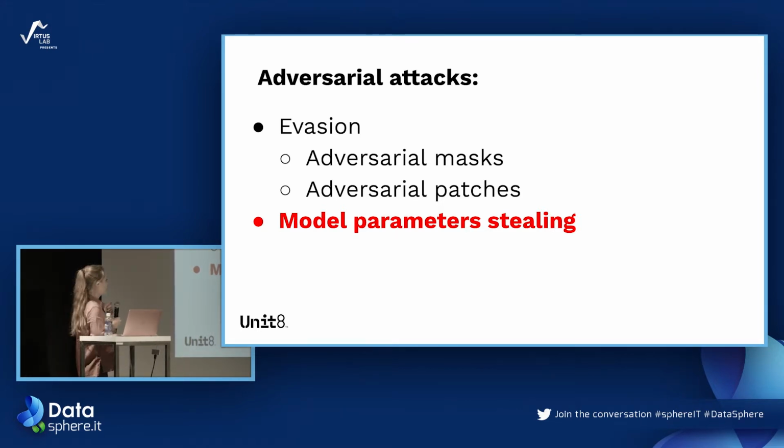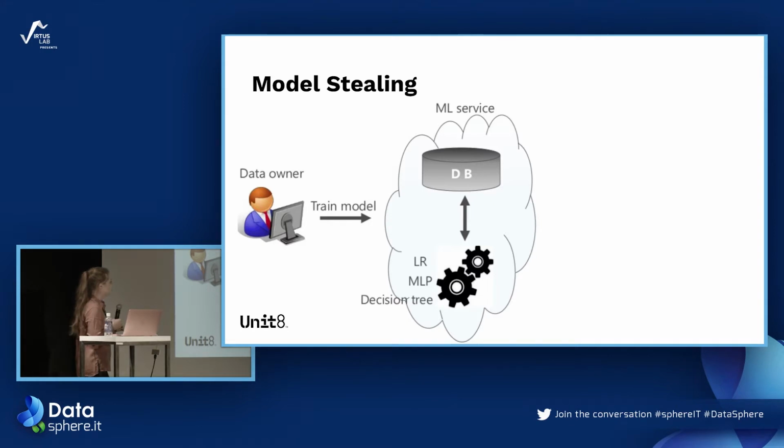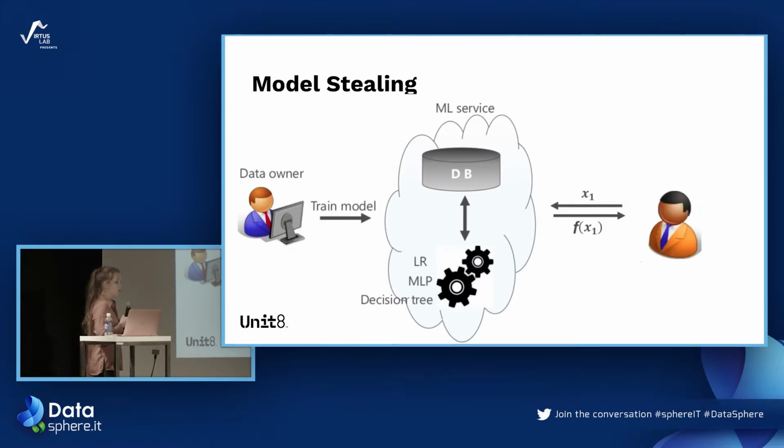So now we can talk about model parameters theft. Say, for example, that we have machine learning as a service deployed somewhere on a server, and a user can upload an image or any other type of input and get a classification. And this is a black box approach. The user knows nothing about the architecture of our model or about our training data.